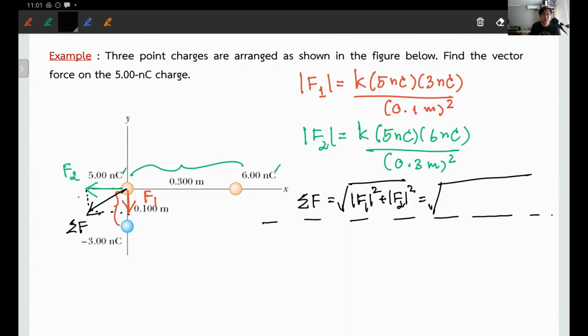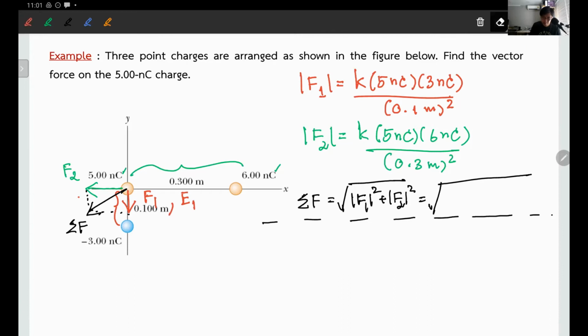Okay, so if you want to do the electric field, now you start seeing that we can calculate the electric fields at the origin first. With me? So instead of calculating the force, you calculate the electric field at the origin first. So instead of getting the F1, you're going to get the E1 instead.